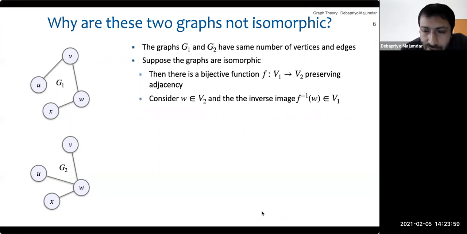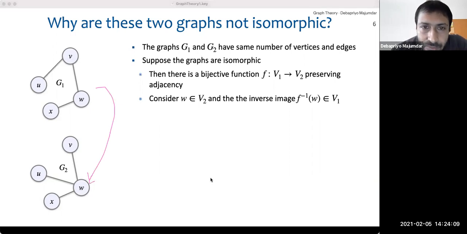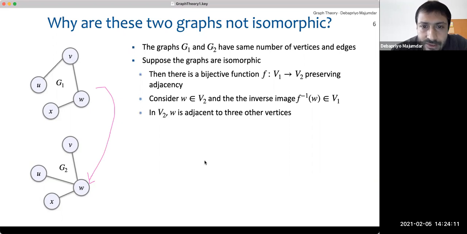Now the point is, in V2, W is adjacent to 3 other vertices.